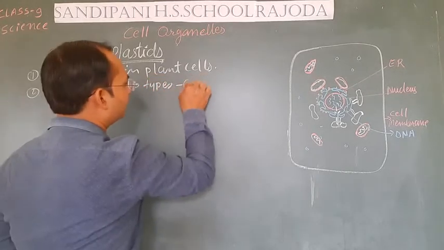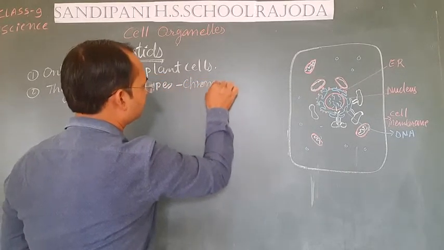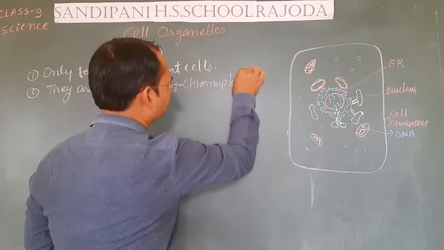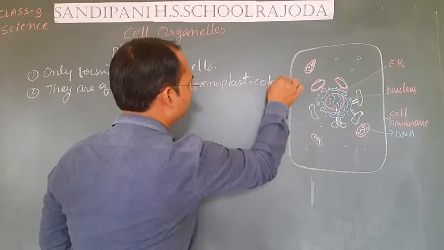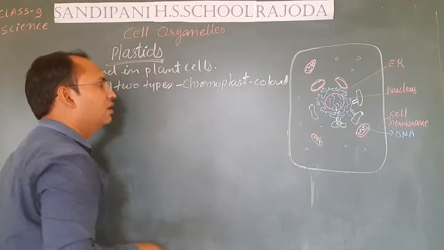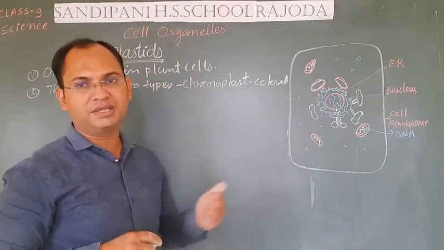One is chromoplast, which is colored. There may be different colors in chromoplast.